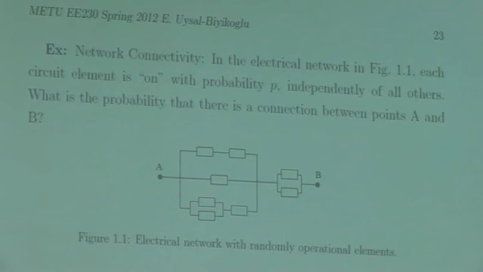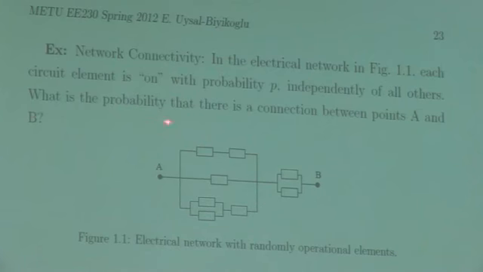Now, there's a connection between points A and B if and only if I can find the path from A to B, an uninterrupted path on which I pass through only elements that are on. Okay? What is the probability that there is a connection between points A and B when the elements act randomly like this?